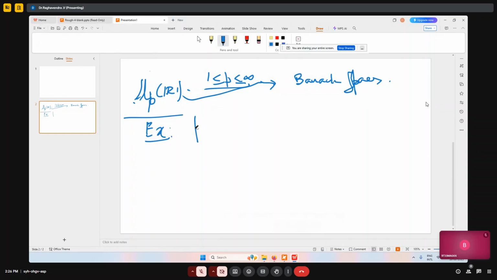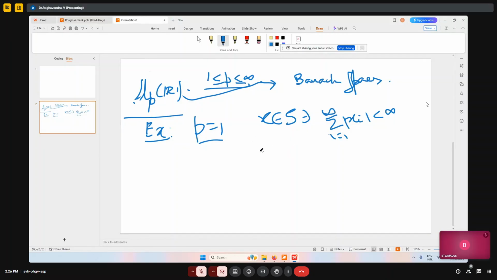Let's take p equal to 1. So these are all sequences x in R such that summation mod x_i is finite, i equal to 1 to infinity.